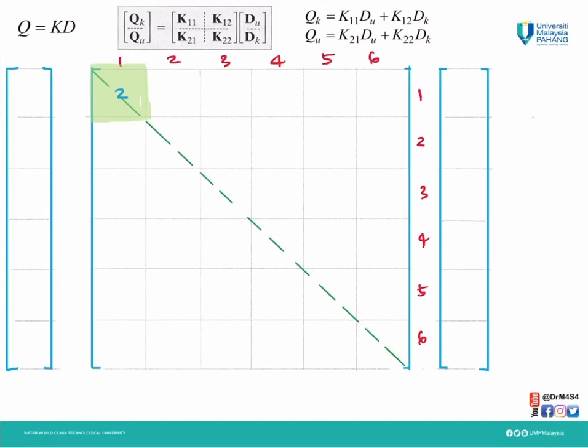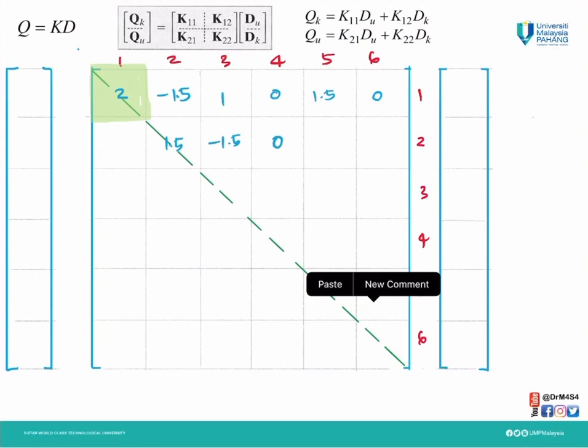Do the same for the rest of your structure stiffness matrix. And we will get 1.5, 1, 0, 1.5, 0, 1.5, 1.5, 0, 1.5.